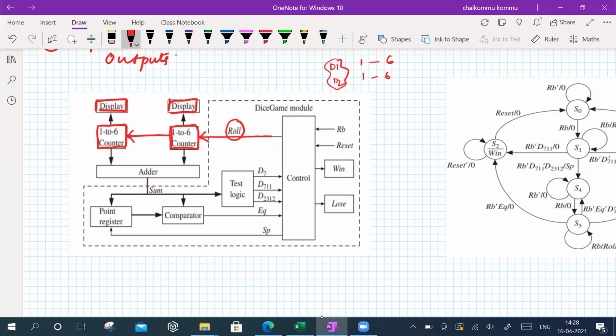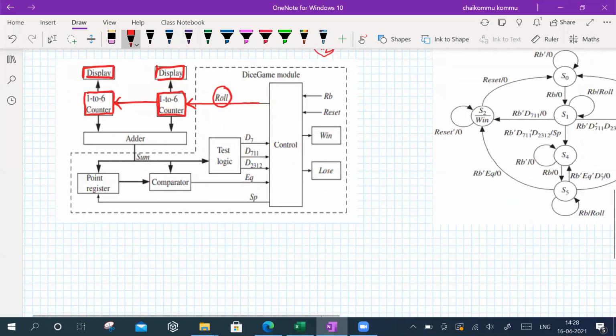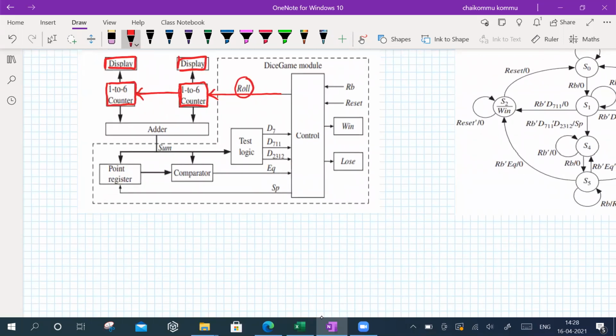So far so good. Once the numbers are generated, they must be summed. For that we need an adder, a physical adder is required. It produces a sum signal.